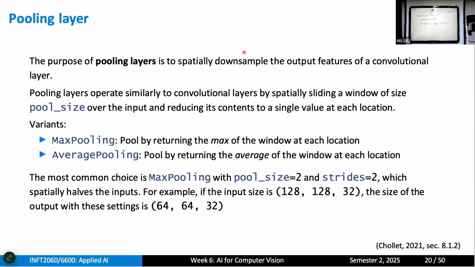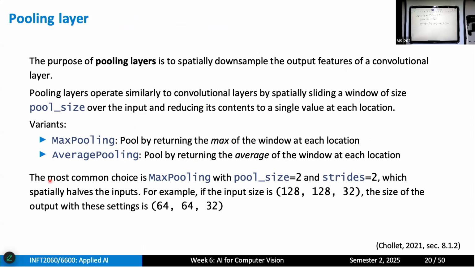It downsamples the output features, right? It operates similarly to the convolutional layer by spatially sliding a window of a given pool size. Max pooling returns the max of the window at each location, so max pooling will try to reduce your computational workload, okay? Average pooling returns the average of the window at each location, okay?